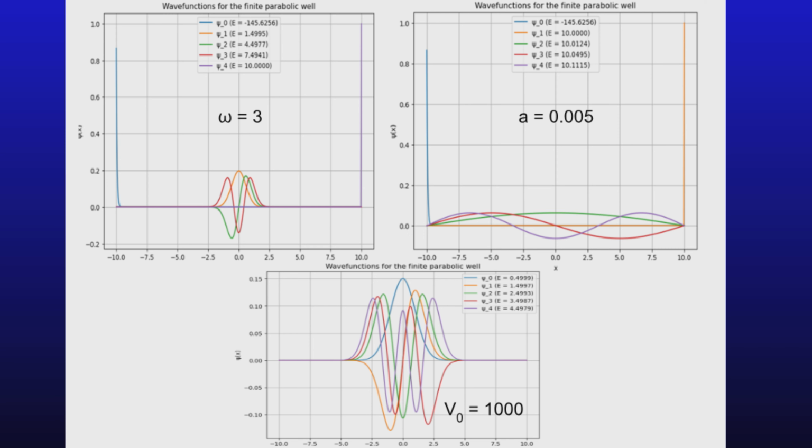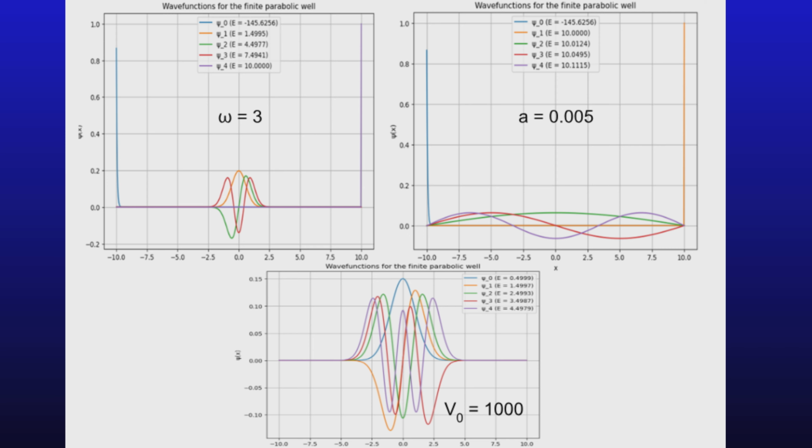So then we look at what's going on when we turn A into a tiny little number. In the V naught section, we just have a constant potential. That's great, whatever. So what's going on when A shrinks to nothing?